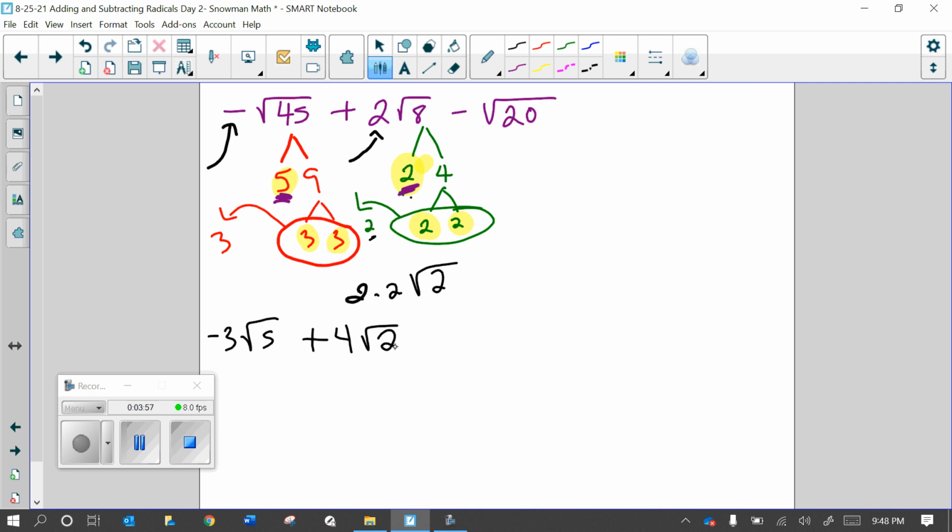All right. The last one, minus square root 20. Let's see. That's going to break down. I like to use 2 and 20 since we used 2 on the last example. And then 10 can break down as 2 times 5. So then now our prime numbers we're working with are 2, 2, and 5.